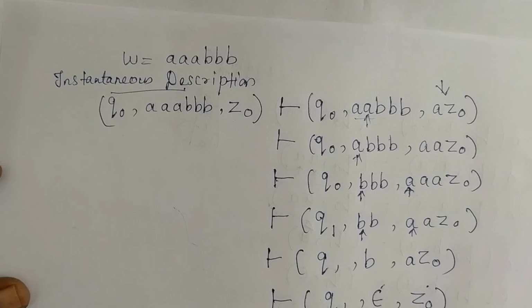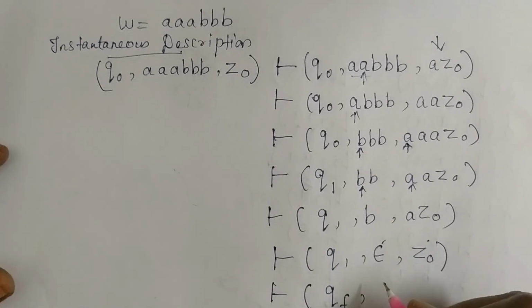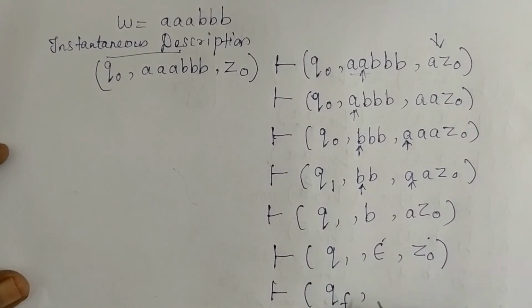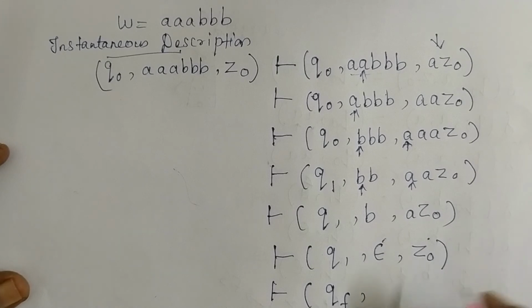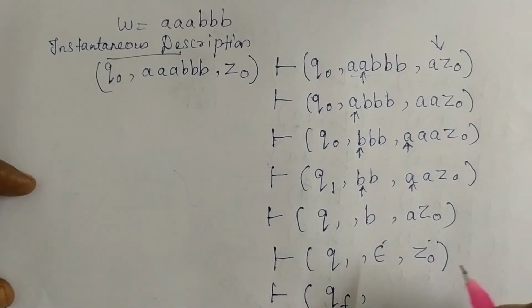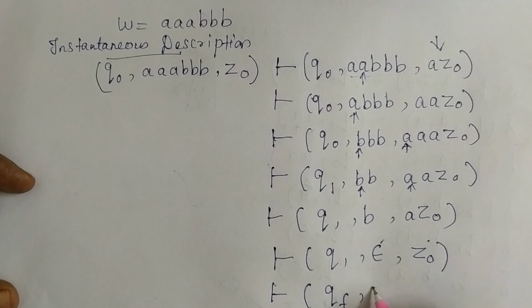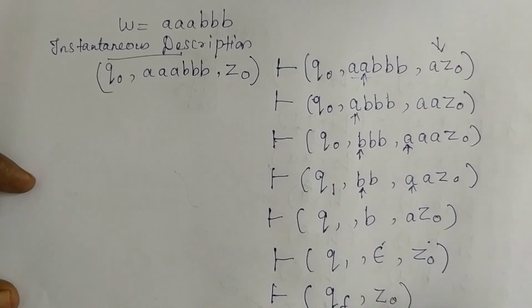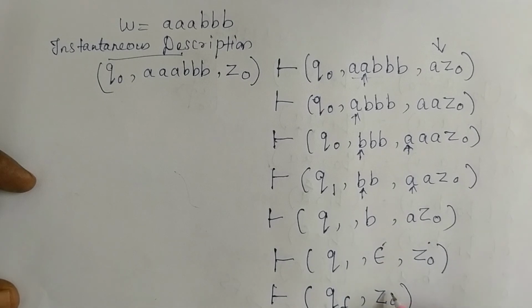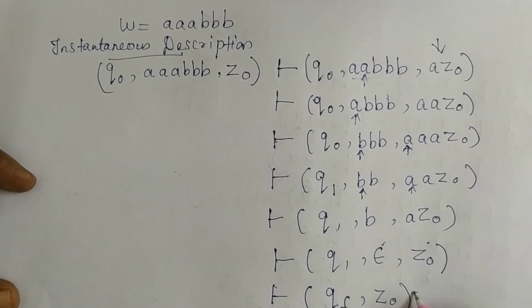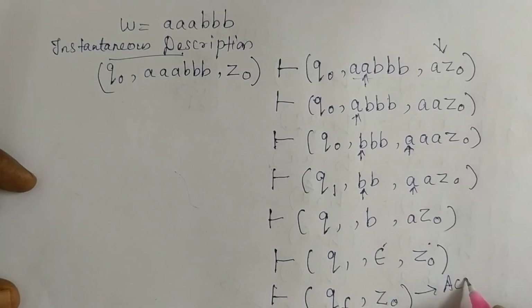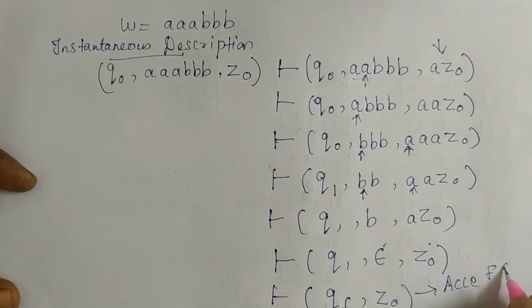So qf, that is the final state, it reaches the final state, and z0 will be on the top of the stack. So this is the acceptance of a string by final state.